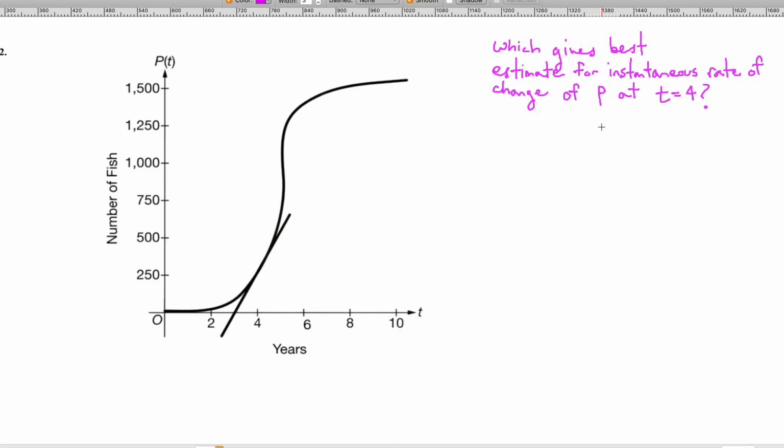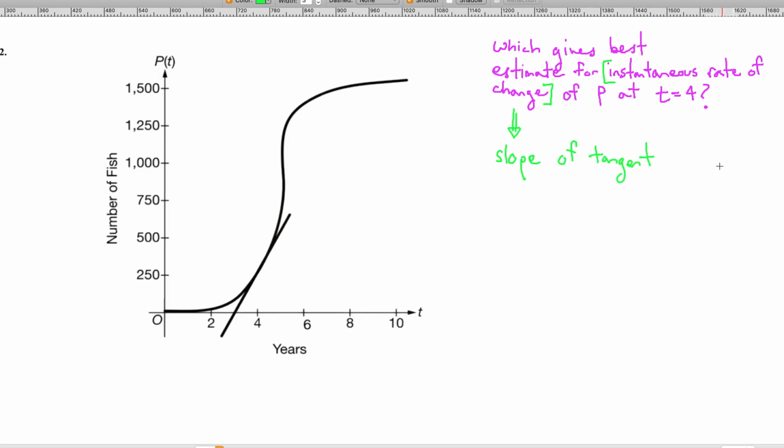What the question is asking is which gives the best estimate for the instantaneous rate of change of p at t equals 4. So basically, first we need to know that the instantaneous rate of change is the same thing as the slope of the tangent line.